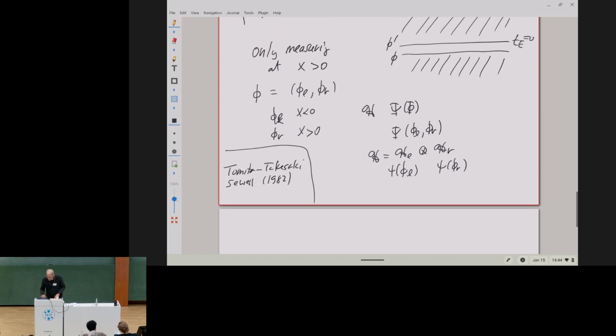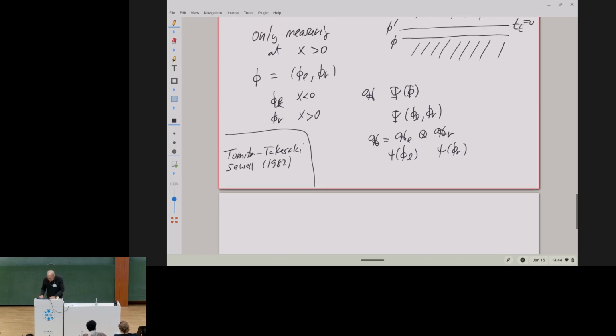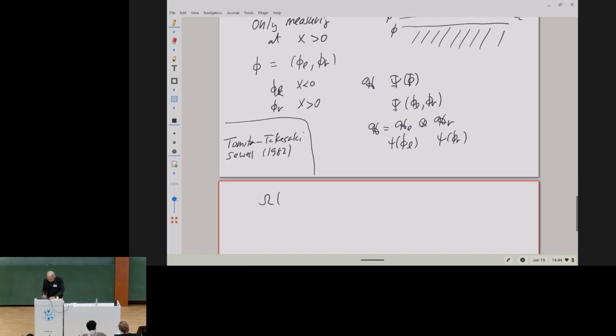Okay, so anyway, our point of view now is that the vacuum state is a function of phi left and phi right, and it lives in this Hilbert space H_L tensor H_R. And we want to construct the density matrix for observations only in H_R, only by operators that act on H_R.